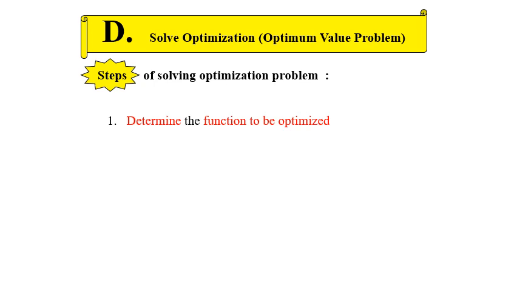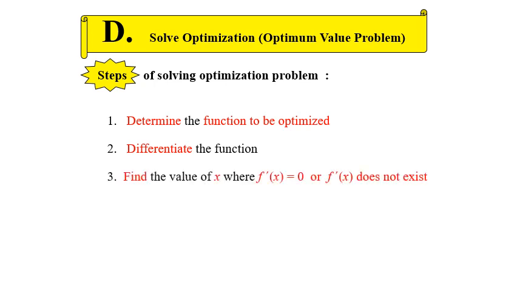First, determine the function to be optimized. Secondly, differentiate the function. Third, find the value of x where f prime equals 0 or f prime does not exist, but usually we use f prime equals 0 only, very seldom in cases where it does not exist.